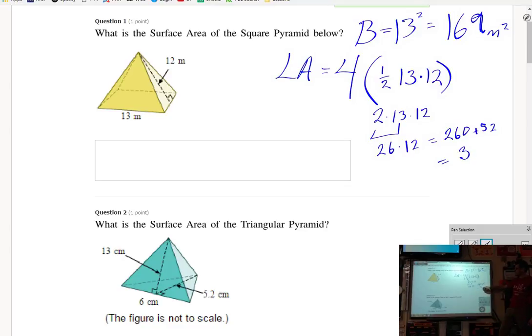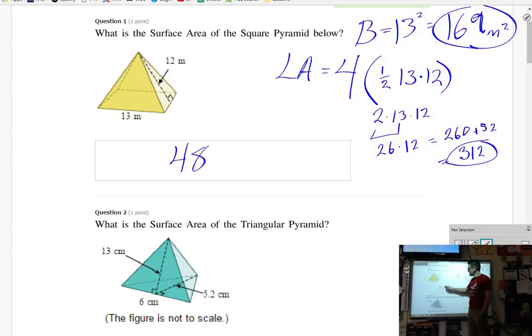We get 312. Yep. If that's my lateral area, and this is my big B, I add them together, and my total surface area is going to be 481 meters squared. Any questions on how that comes out?